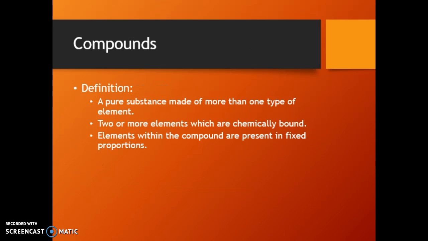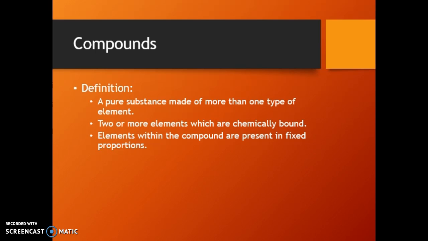Compounds. A compound is a pure substance made of more than one type of element. So you have at least two different types of elements that are chemically bound. This is on the molecular level. We have these bonds, ionic, covalent, hydrogen bonds, that are hooking two or more different types of elements together and forming a new substance.